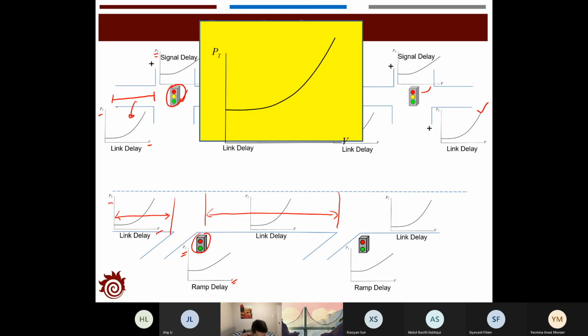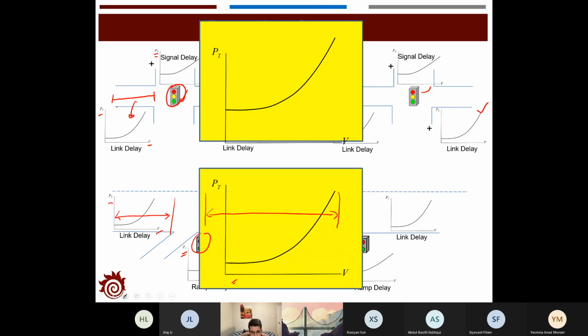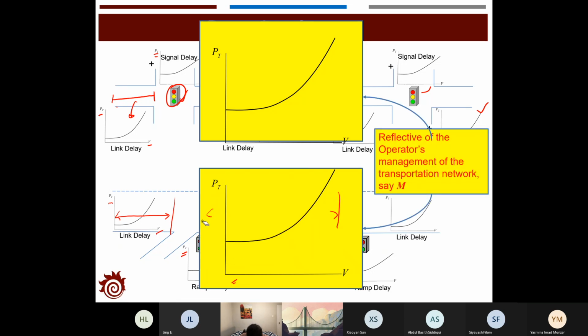And for the whole freeway segment, if we put all these costs together, you will also have a similar trend for the relationship between the cost and the trip.